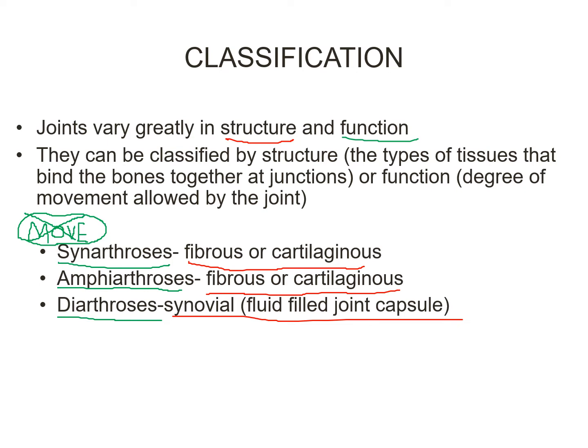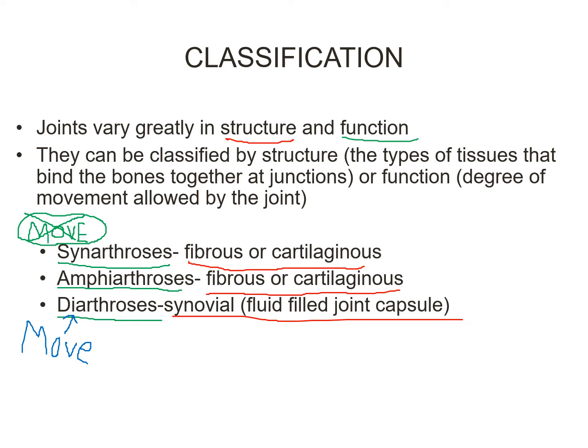A diarthrotic joint, or diarthroses, does move. It is freely movable. Picture your elbow, your shoulder, your hip, your ankle. You can move it in multiple directions. And then amphiarthroses, if anybody's ever been to an amphitheater, it's a half theater, right? It's not a full stadium dome type thing.